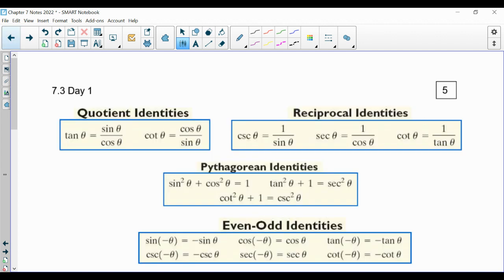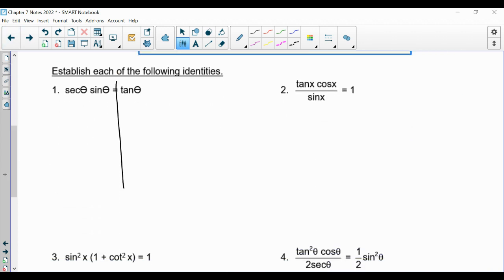So if we go back to page 5 and go to this example here, we see that the left side has more stuff. So I would say that is the more complicated side. So what we're going to do is start using some identities. Well, I see a secant and I see a sine. So I'm going to change the secant to 1 over cosine.